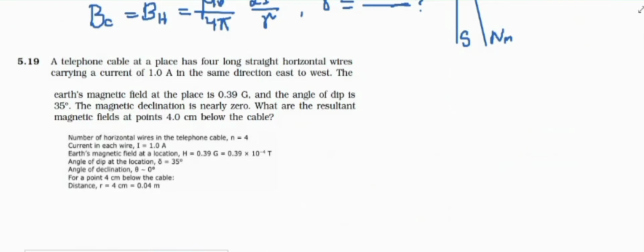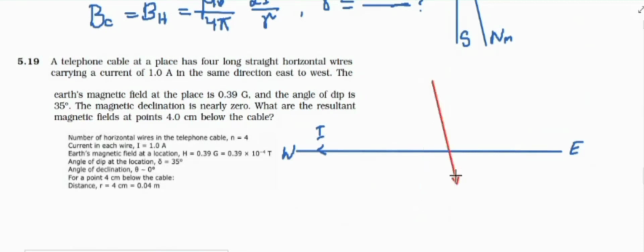So we have a cable, and the cable is carrying current in the east to west direction. Now, naturally, BH, the horizontal component of Earth's magnetic field, is from geographic south to north.